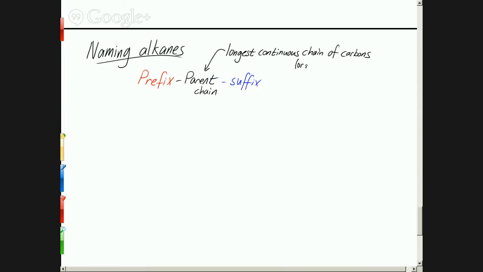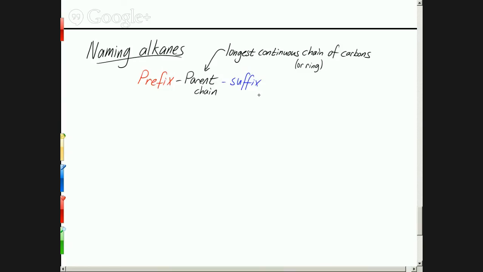And actually, we'll get into this later, or ring. We'll get into what happens when they're connected in a ring. For now, the longest continuous chain of carbons. So you've got 6 carbons in a row, that's your parent chain. You've got 2 carbons in a row, that's your parent chain. There's just one of them, that's your parent chain. Whatever the longest carbons are, that's your parent chain.